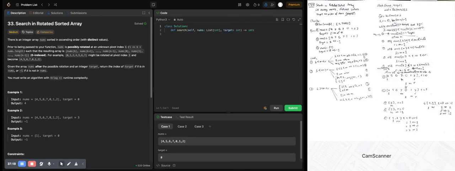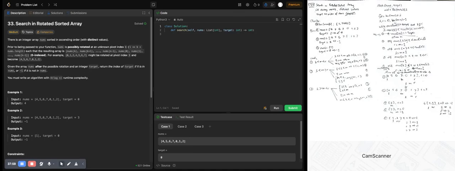And then don't need that. Otherwise, instead I can check the end, return M if nums of mid equals. Else minus 1.